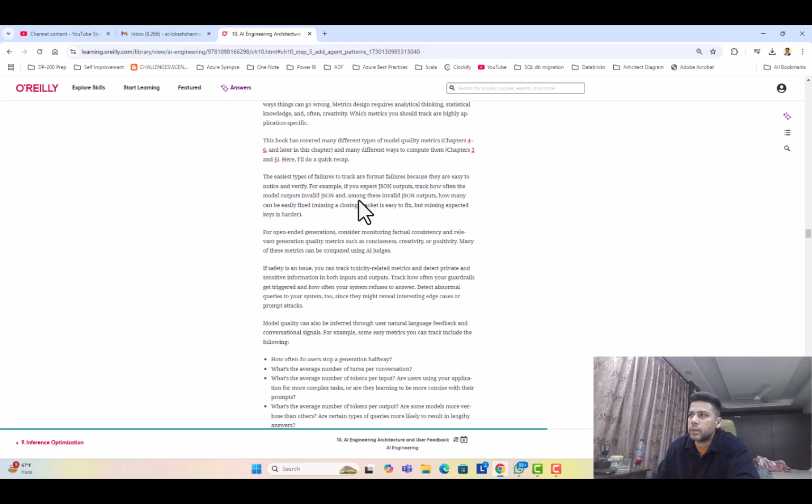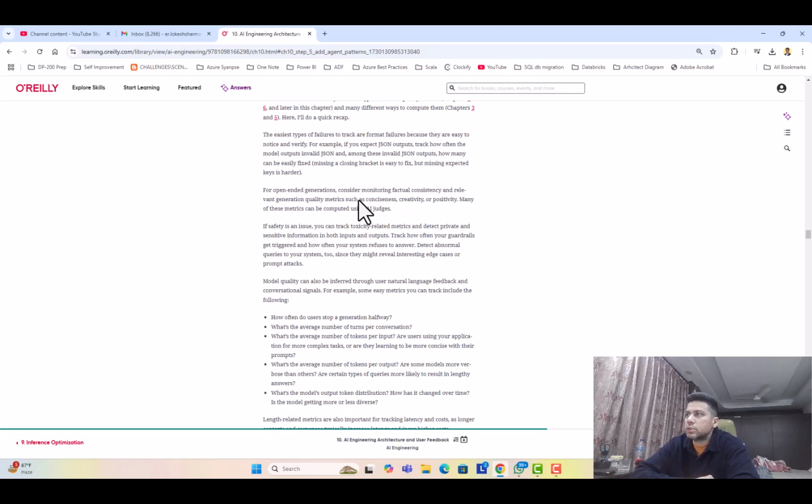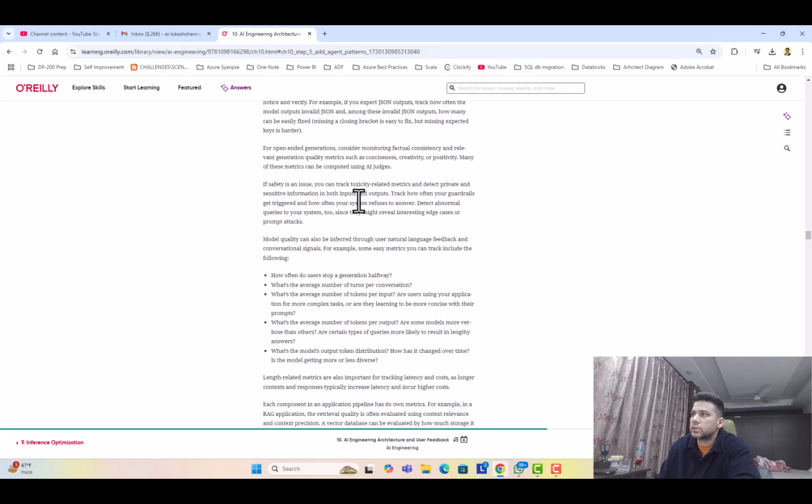The easiest types of failures to track are format failures because they're easy to notice. For example, if you expect structured outputs, track how often the model outputs invalid JSON, and among these invalid JSON, how many can be easily fixed. For open-ended generations, consider monitoring factual consistency and relevant generation quality metrics such as conciseness, creativity, or positivity.